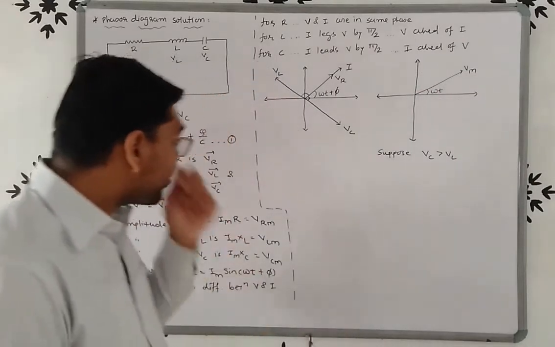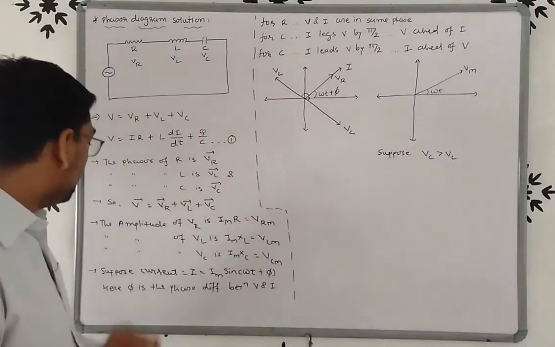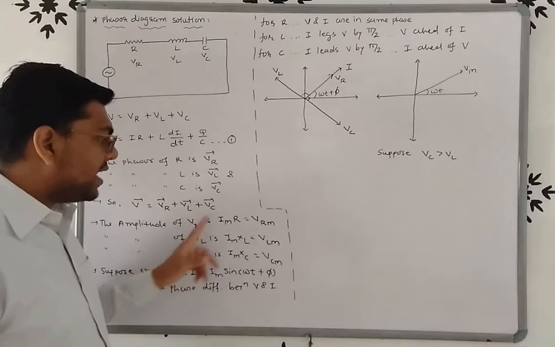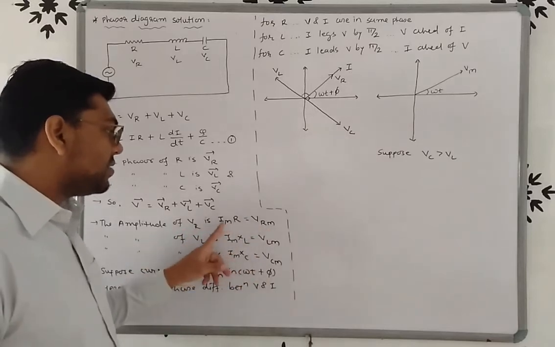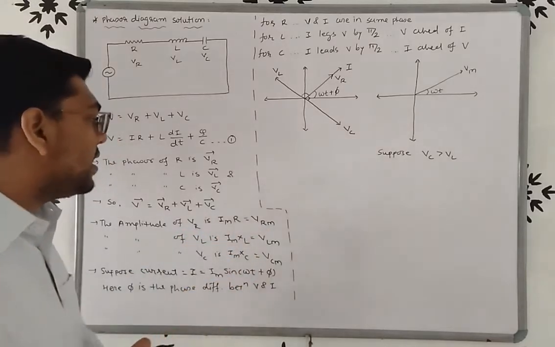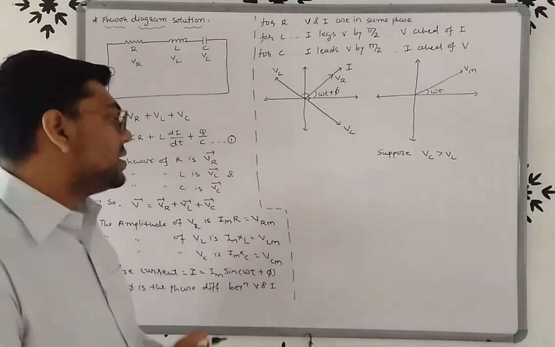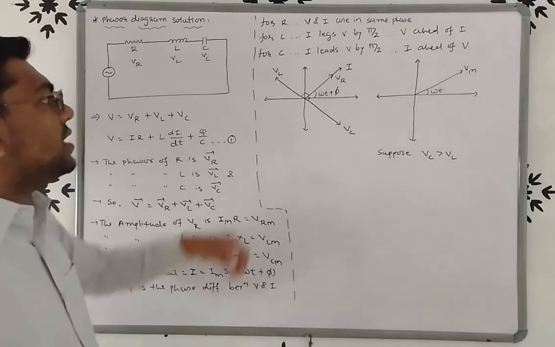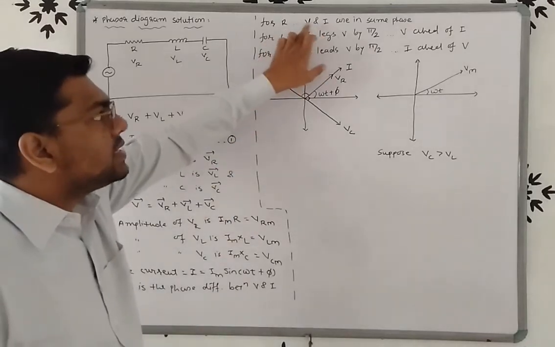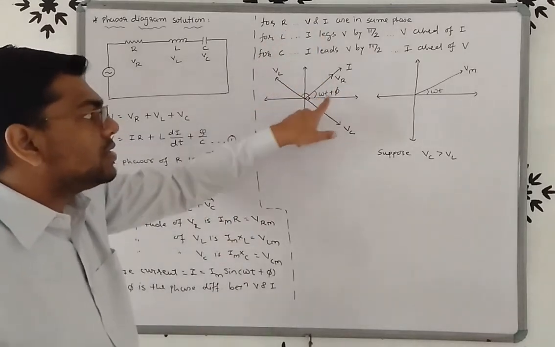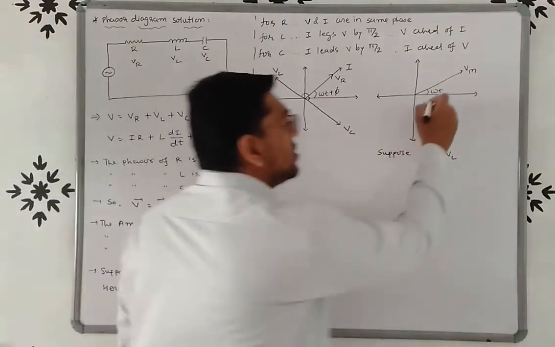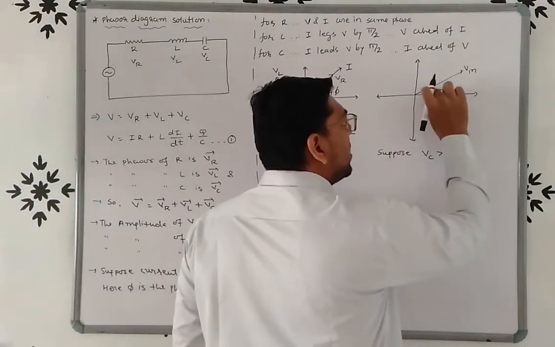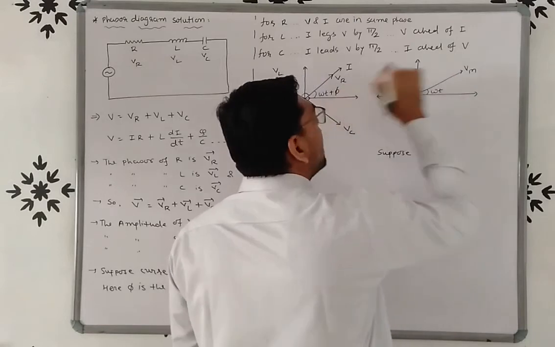Now here the amplitude of VR, VRM, is equals to Im into R, right? So for this VRM, we know that this current and voltage are in same phase and the angle is omega t plus phi. So to this angle omega t, we have to add angle phi.